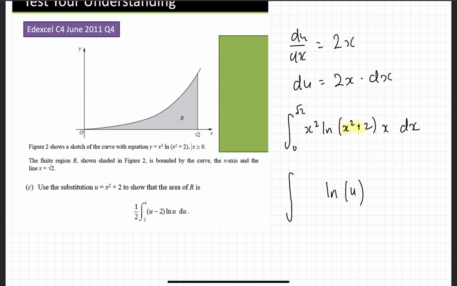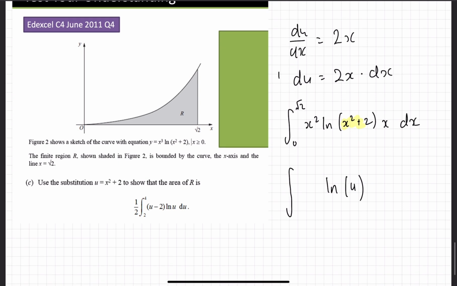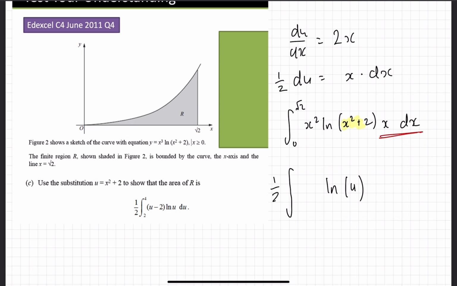Okay. Dx times. So what this means is half du equals x times dx. So that x times dx becomes half. I can pull the half on the outside. Du.